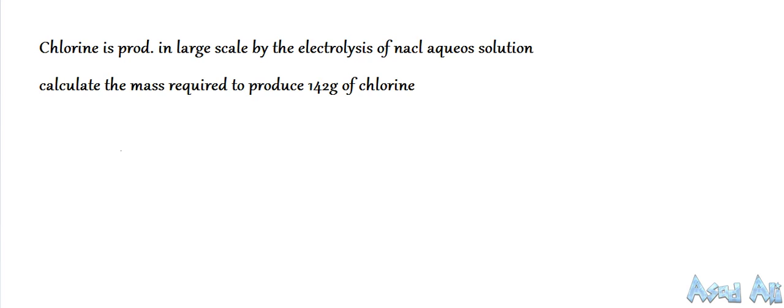Now we first have to write down the equation. The equation of electrolysis of NaCl is, NaCl with H2O gives off chlorine gas and sodium hydroxide along with hydrogen gas.